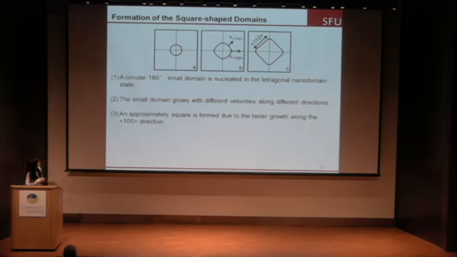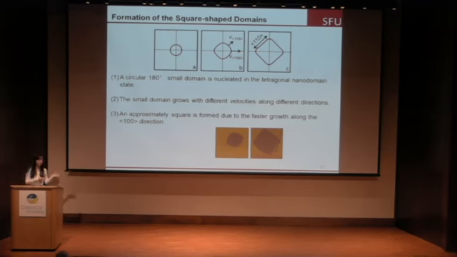Because the velocity along the 100 direction is much faster than the velocity along 110, the domain ends up as a square shape. This also explains why, if we look at this pattern obtained from PFM analysis, the smaller one shows a more rounded shape compared with the large one.